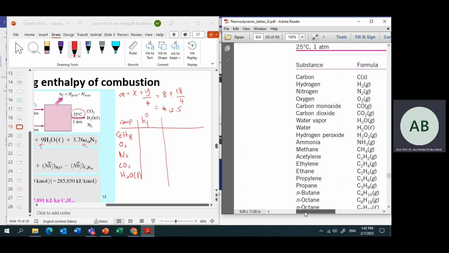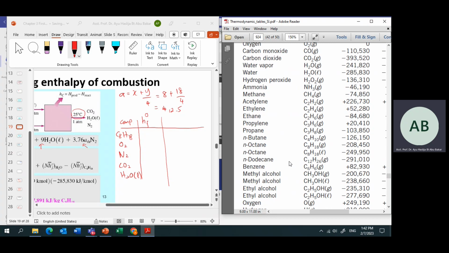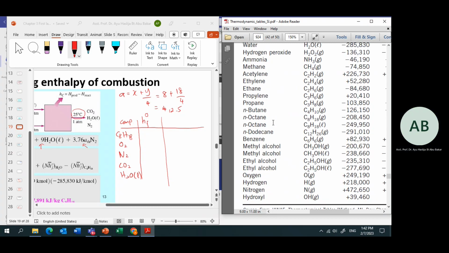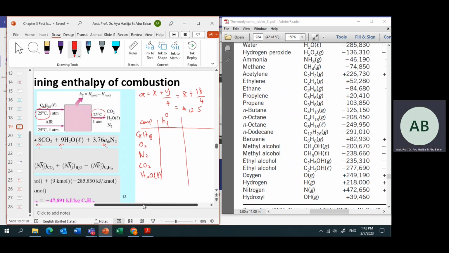For octane. Your octane given here is liquid. Make sure you extract the correct info for liquid.